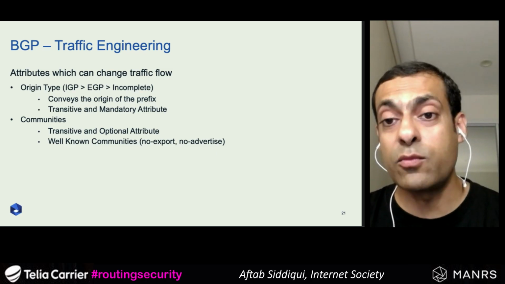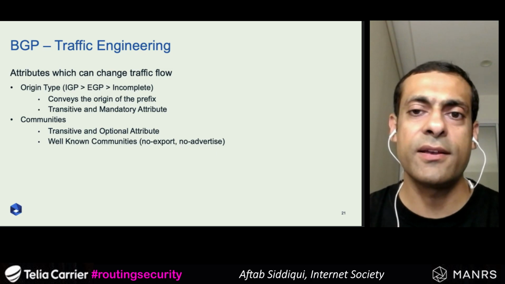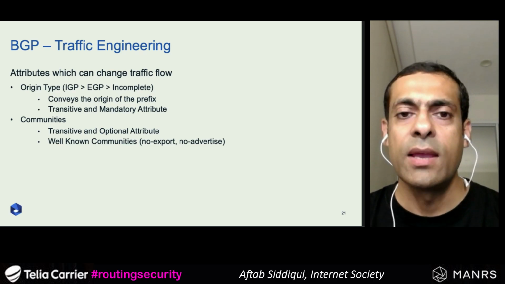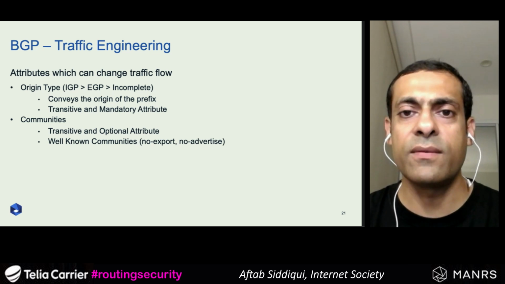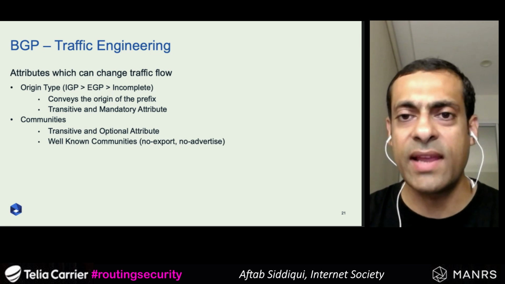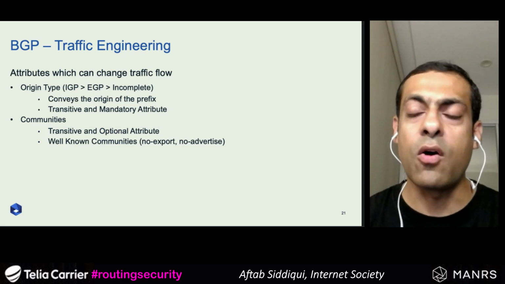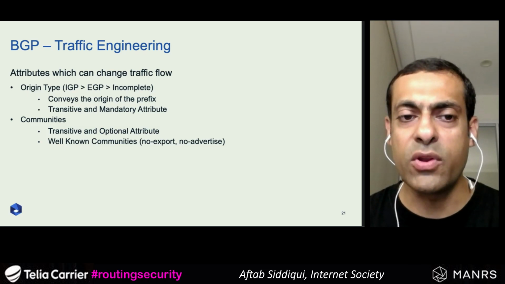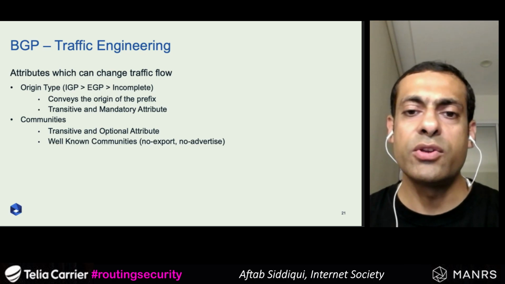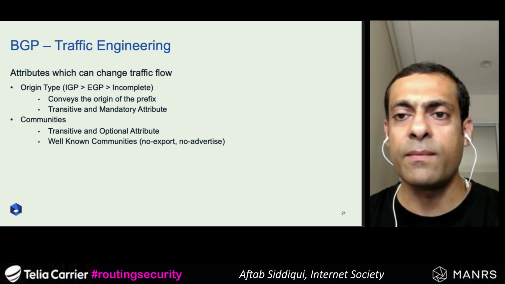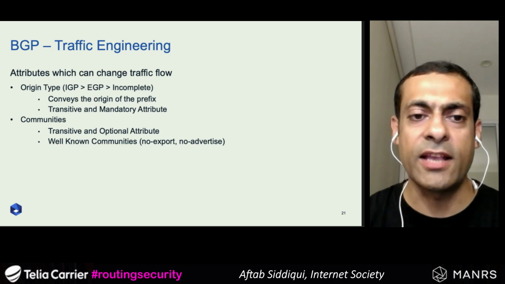But communities are the most important one these days. People rely on them quite extensively because a lot of service providers, for example Telia, also offer a long list of communities that you can use. It will help you to manage your inbound and outbound traffic as well.